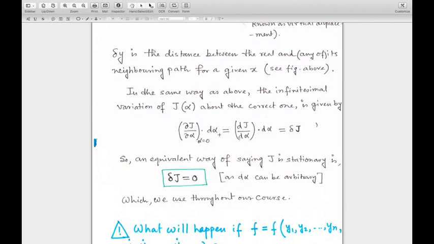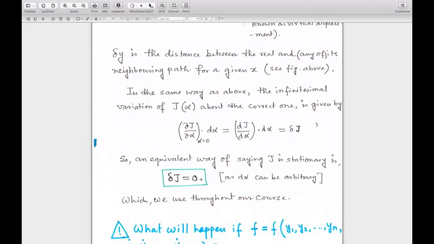That can be called delta of J. This is the variation of J, or in the classical mechanics context, the virtual variation or virtual displacement of J. So an equivalent way of saying J is stationary is that the virtual displacement or variation of J is vanishing.